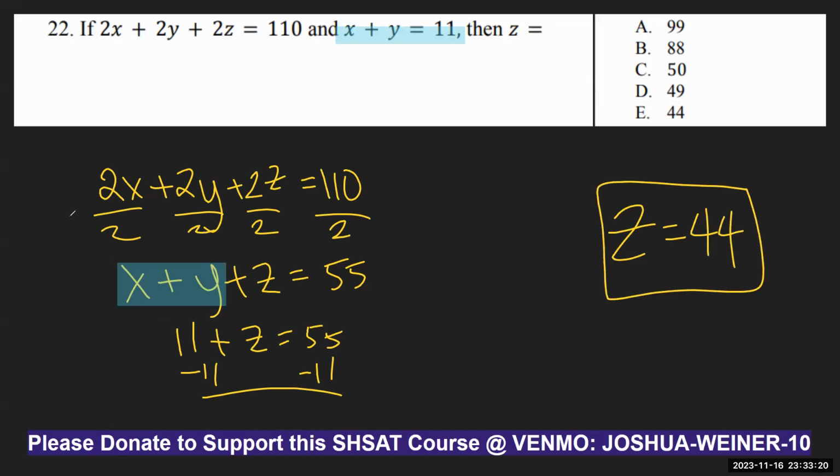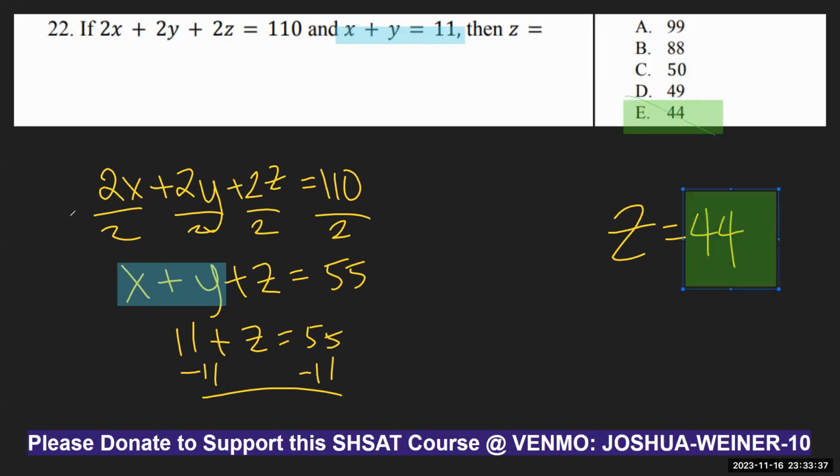So even though we don't know what the values of x and y are, certainly we have deduced that z must be 44. The end. Where's the highlighter? Z is 44. Okay, because we know that the sum of x and y together is 11 units. Okay. All right, that was question number 22.